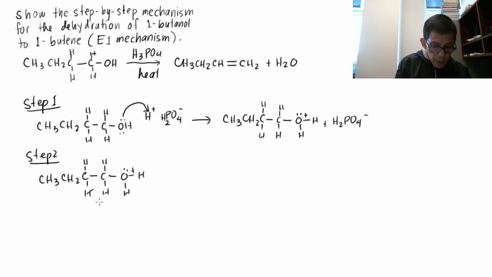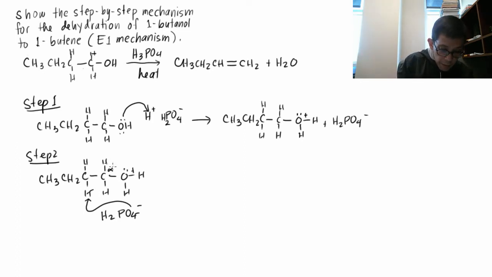So what will happen is this H2PO4 with a negative charge is not a very strong base, but it's basic enough to remove an H off of that beta carbon.